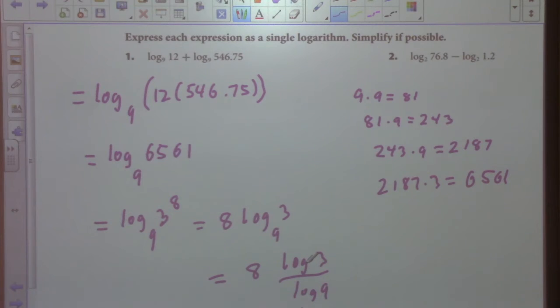Okay, did you work at number 2, I hope? So today, really, a lot of what we're doing today is kind of exploration on what logarithms are, or how to use them.